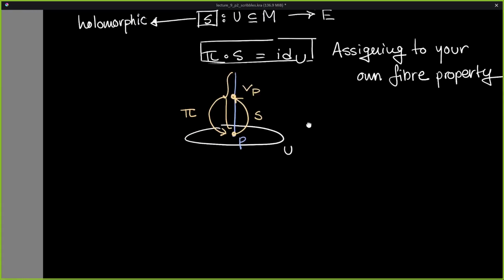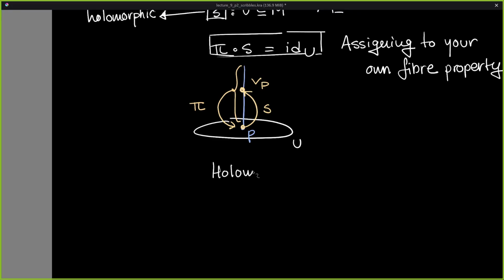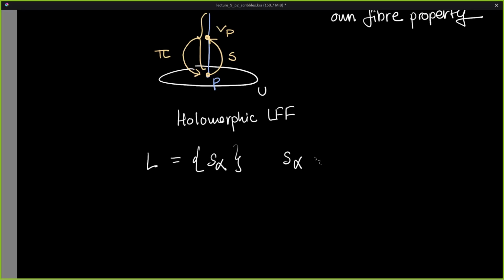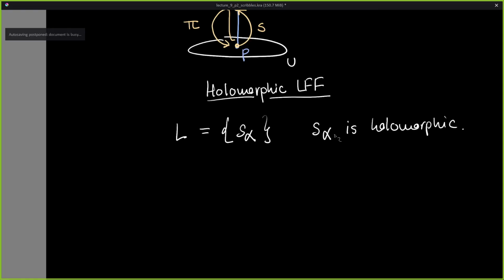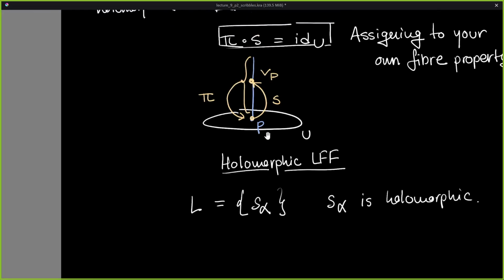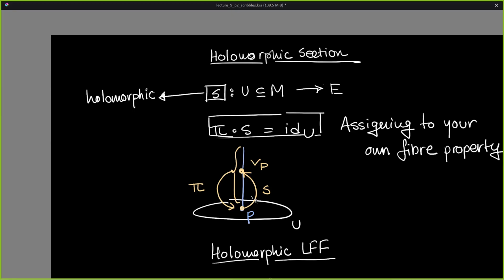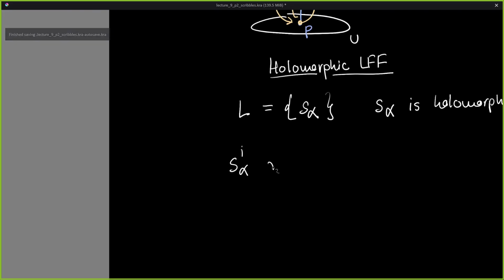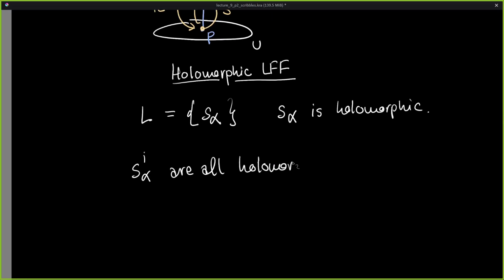So then you have a holomorphic local frame field, pretty self-explanatory. It's just a local frame field S alpha, where S alpha is holomorphic. In a holomorphic local frame field, all of the components, not just S overall, but all of its component functions S alpha i, are holomorphic, which makes it much nicer to do complex analysis with.